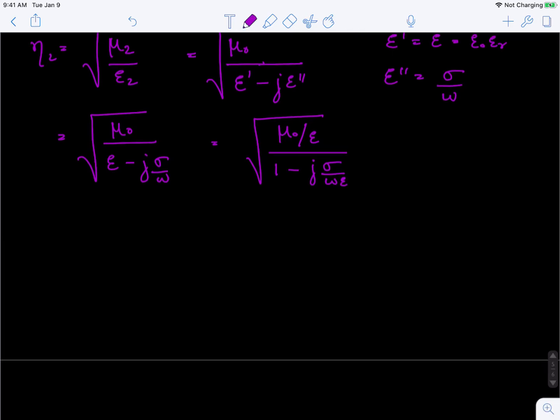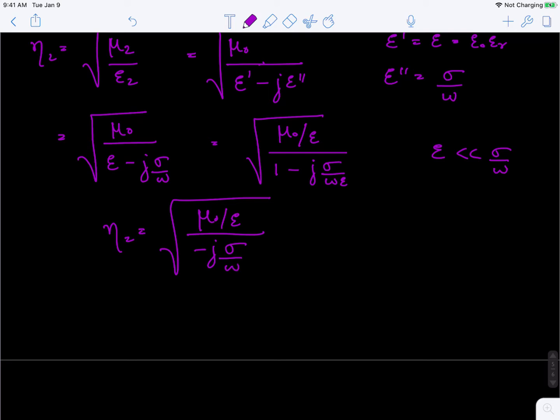Because epsilon is very much less than sigma by omega in this particular context, we can ignore the 1 in the denominator and rewrite the expression as eta2 equals the square root of mu naught by epsilon divided by minus j sigma by omega epsilon naught epsilon. We can send the j upwards with the minus sign and make it a positive j.